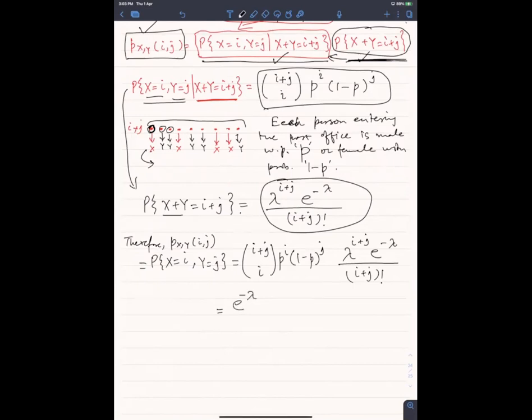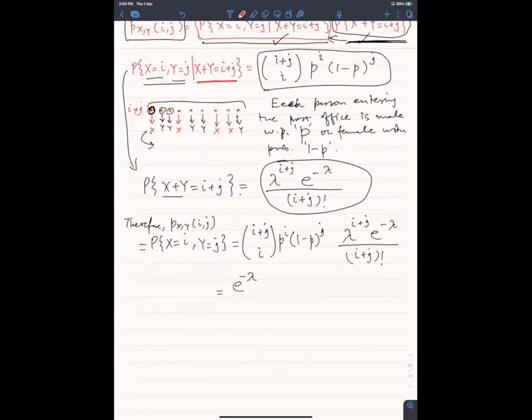One you have, and then you have lambda p to the power i and lambda (1 minus p) to the power j. Okay? This lambda to the power i plus j, I broke it into lambda to the power i and lambda to the power j.